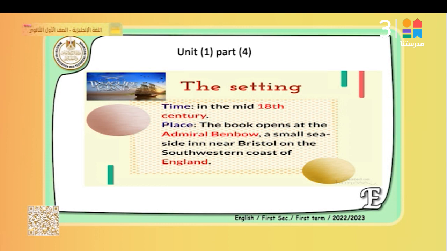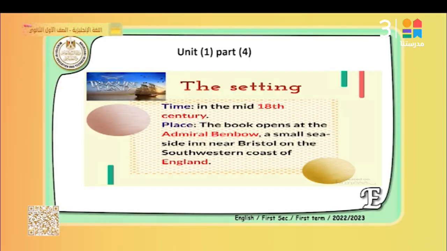So what is the setting of Treasure Island? If you look at this screen, you will see that the setting is the time and the place. So what is the time of Treasure Island? It's written in the 18th century. And what is the place where it happened? The book opens in the Admiral Benbow, a small seaside inn near Bristol.